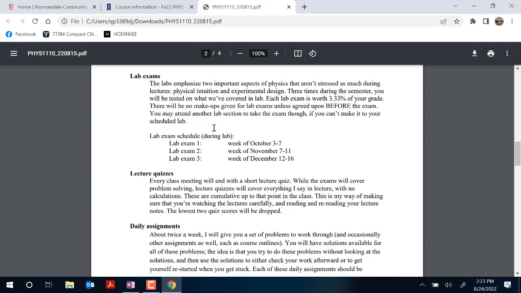Since the total score for the lab exams is 10% of your grade, each one of those lab exams is worth 3 1/3% of your grade. So they're not super huge value, you know, but they add up to a full letter grade basically.